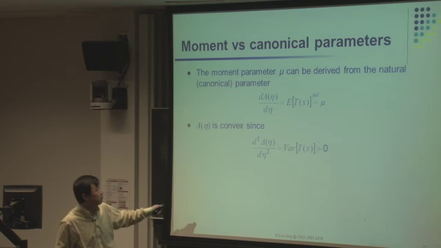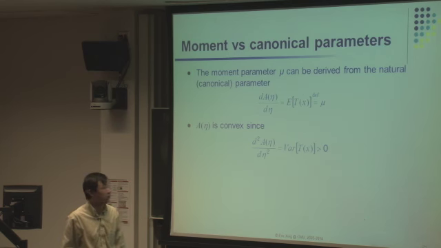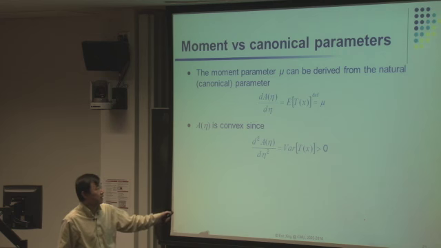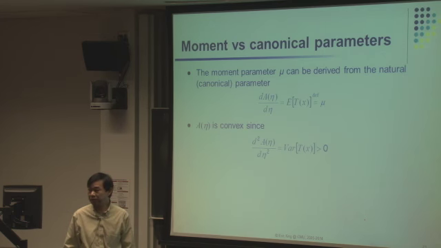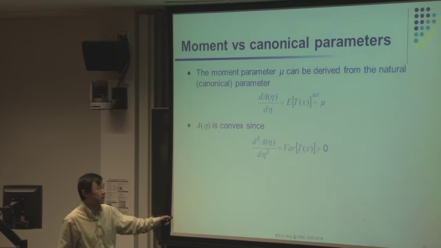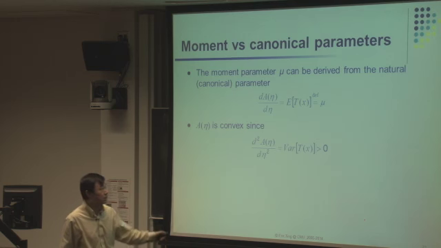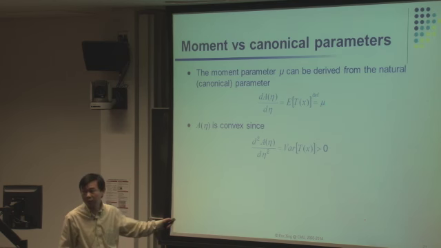You can see that once we establish this, we can define the mean of the sufficient statistic as our mean parameters. Then that makes explicit a one-to-one correspondence between the mean parameterization, or the moment parameterization, versus the canonical parameterization.